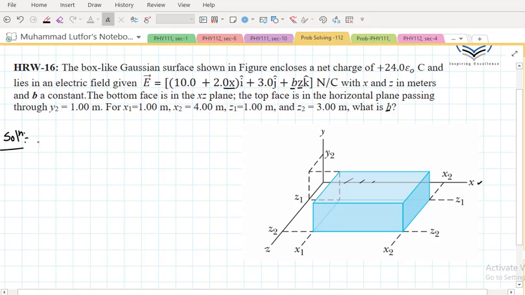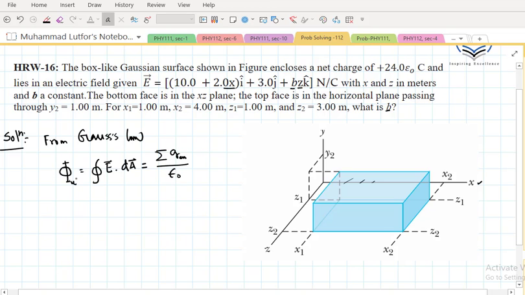So from Gauss's law, we write that the flux enclosed, the integral of electric field dot dA, must be equal to the enclosed charge divided by epsilon naught.